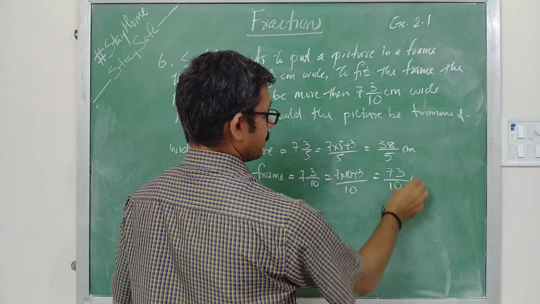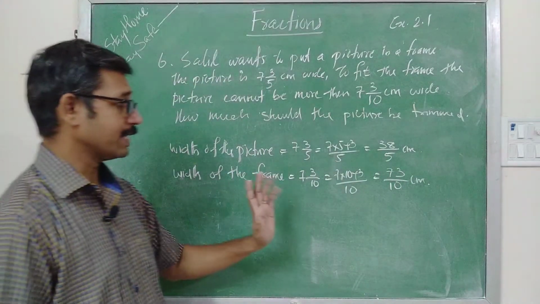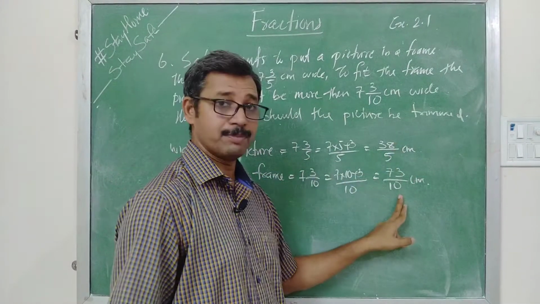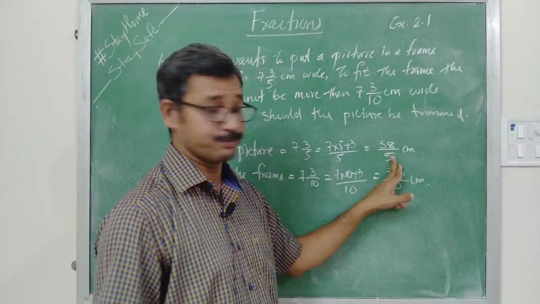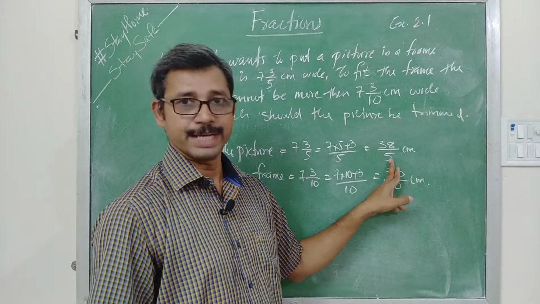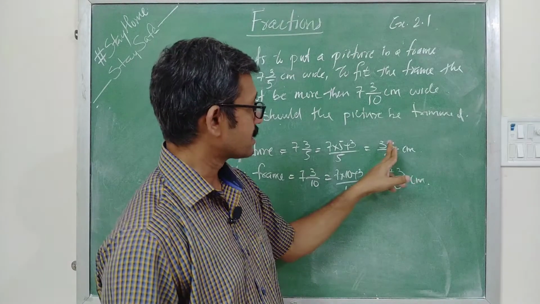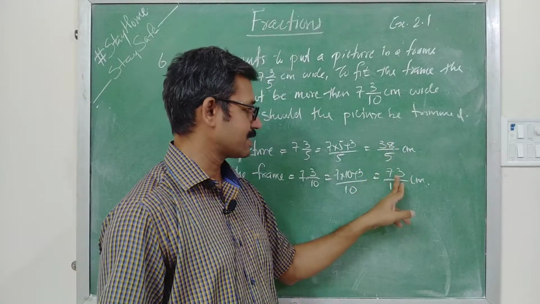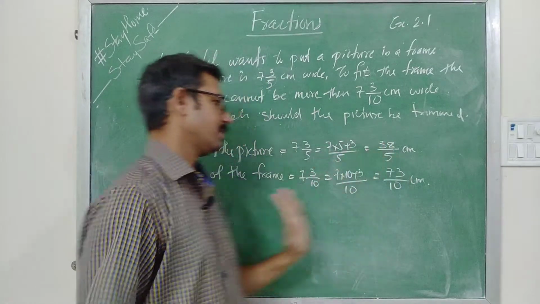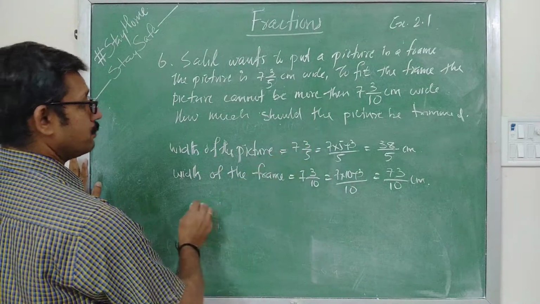Now here we can multiply by 2, so 38 upon 5 becomes 76 upon 10. Look here, 76 it is. So it is greater. Now, how much should the picture be trimmed?